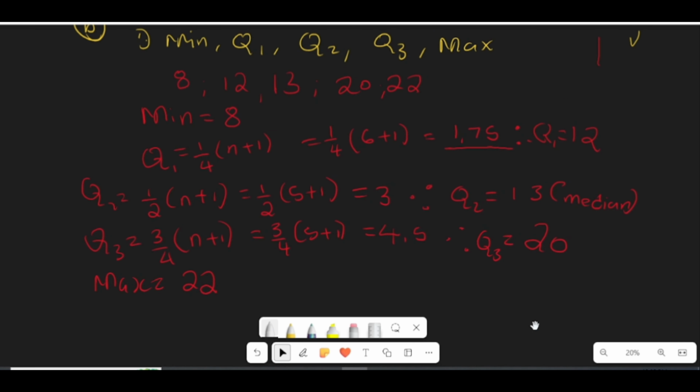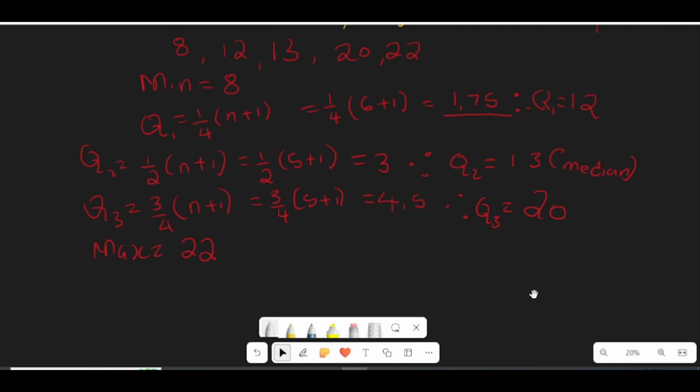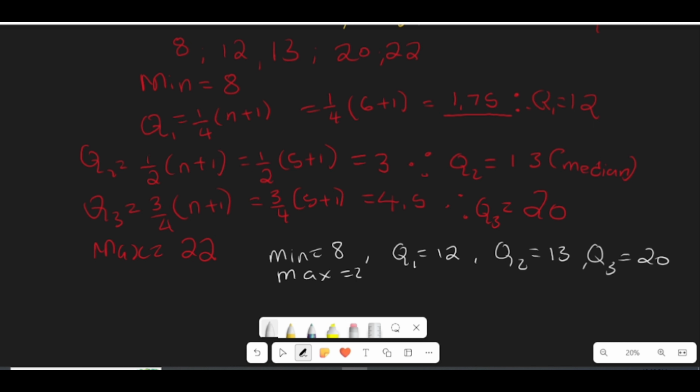Minimum was 8, Q1 12, and then Q2, which is the median, is 13, Q3 is 20, and therefore the maximum is going to be 22.